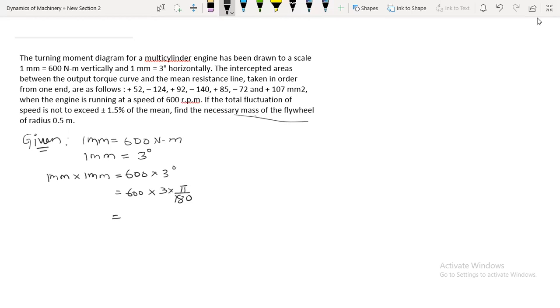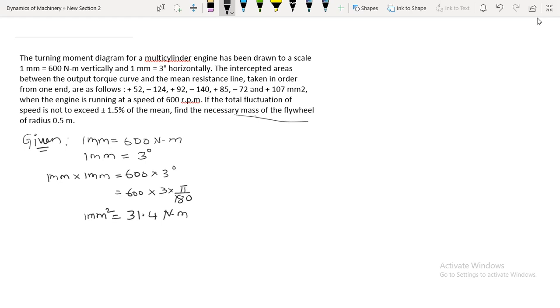Then 1 mm into 1 mm is 1 mm square, so this value will be 31.4 Newton meter.